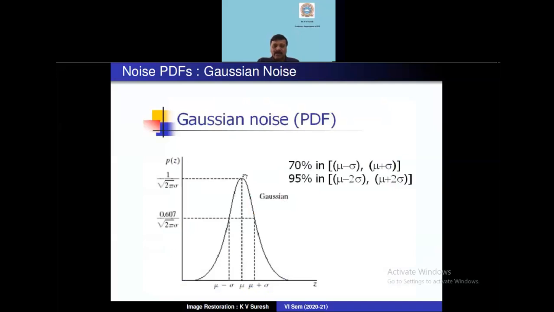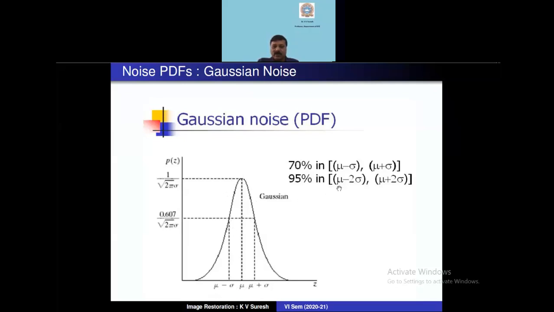And you know the bell-shaped curve for Gaussian noise. It is maximum at the mean value, and as you move away from the mean value it decreases. It is a symmetric curve, and depending on the deviation, you will know what area is covered by the distribution. For example, if you go from mu minus sigma to mu plus sigma, it covers about 70% of the total distribution.